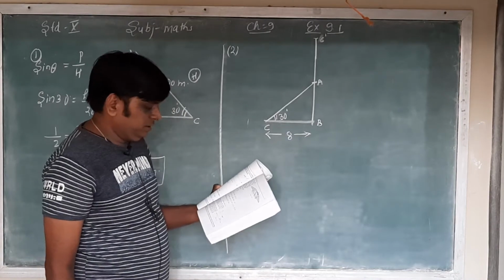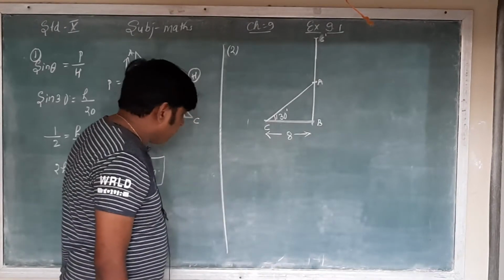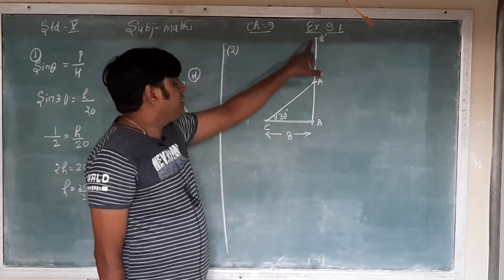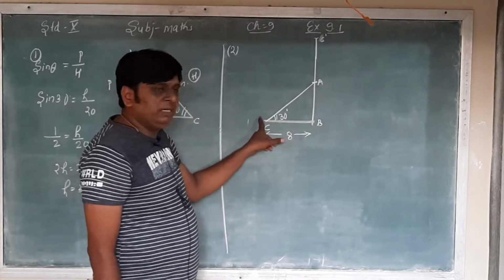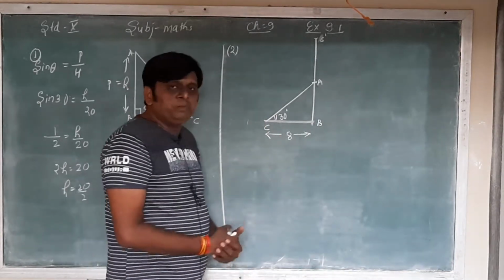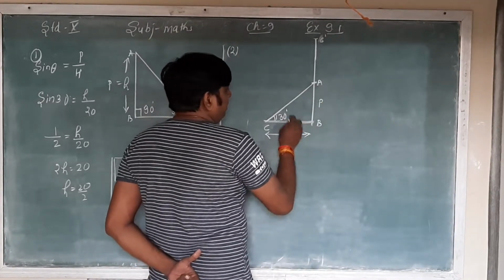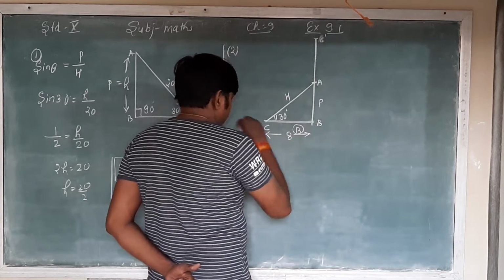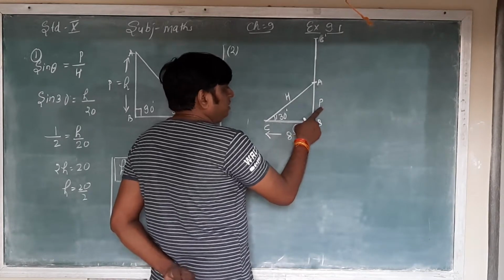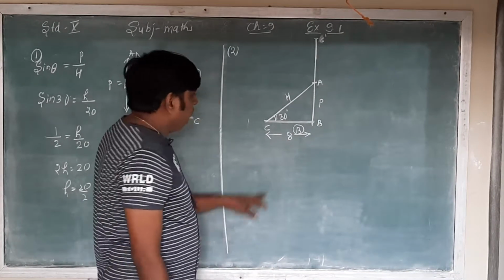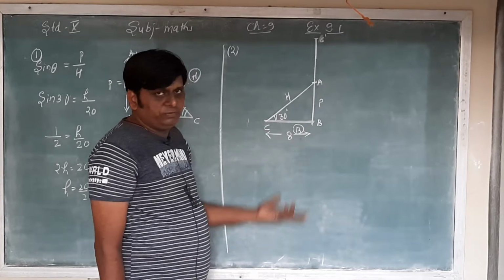Find the height of the tree. C dash A equals AC, because it is the broken part. First we find which part is given and which is to be found. If theta is 30 degrees, then this is the perpendicular, this is the hypotenuse, and this is the base. First we find the relation between P and B, and second between P and H. We find the perpendicular, then the hypotenuse, and add both to get the height of the tree.